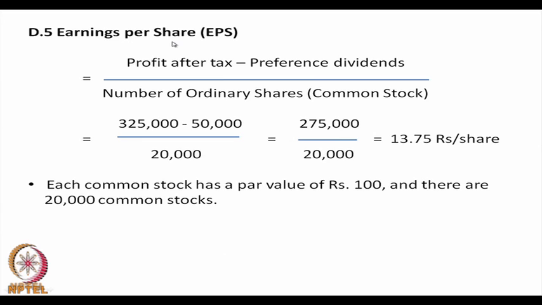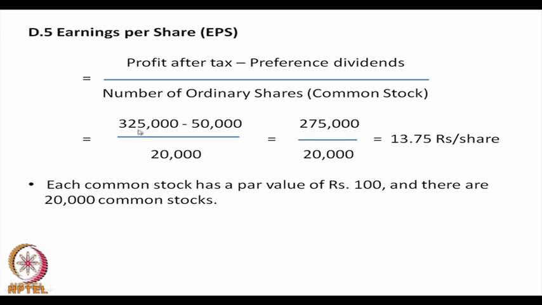Earnings per share, EPS, is another very popular ratio. The numerator is the same as return, because this is from the shareholders' point of view, and here we divide by the number of ordinary shares. Normally ordinary shares mean common stock, the real owners, not the preference shareholders.